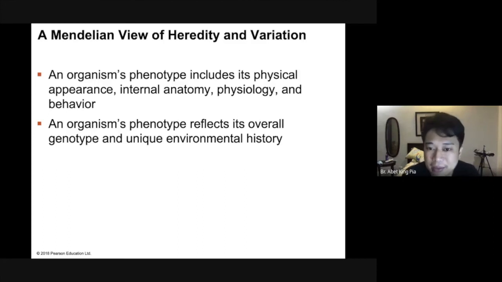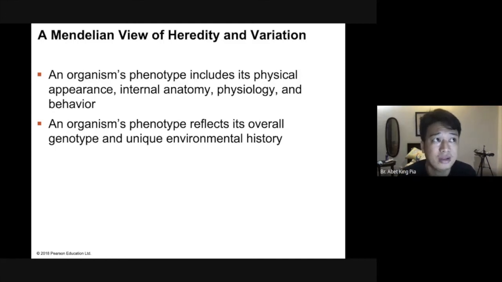Organism's phenotype reflects its overall genotype and unique environmental history. So, one package pa rin. Hindi lang naman talaga siya about the genes that we have. But environment plays a big role if the genotype will be nurtured or not. Ganyan. If the gene, halimbawa sa mga diseases, okay, fine.